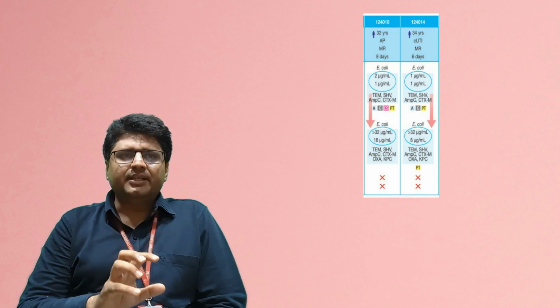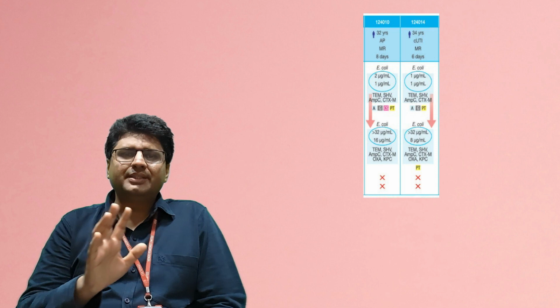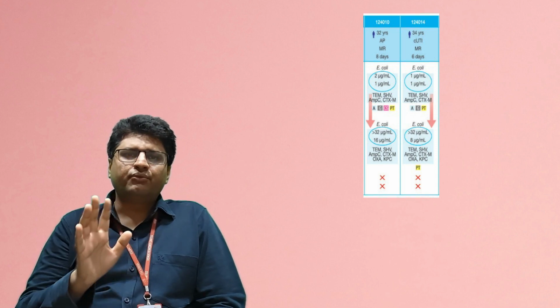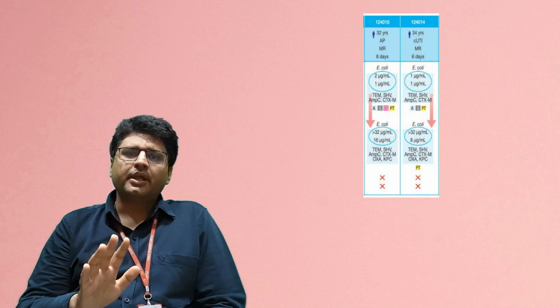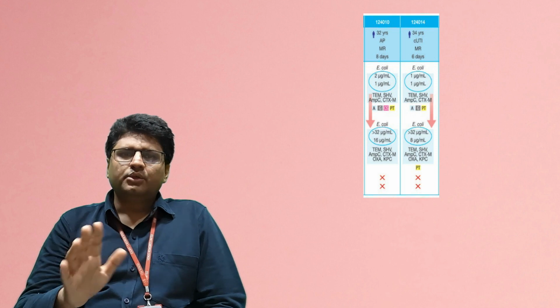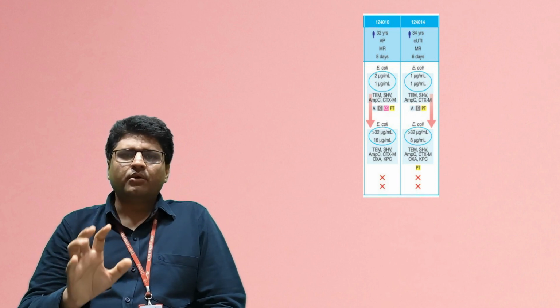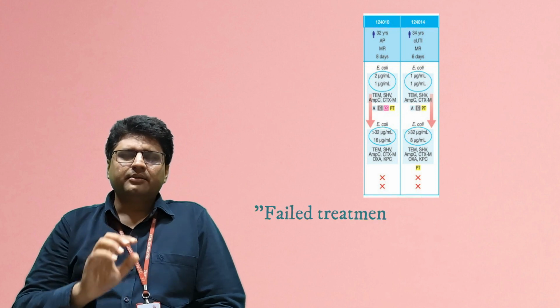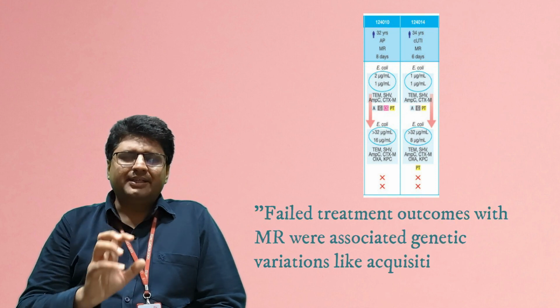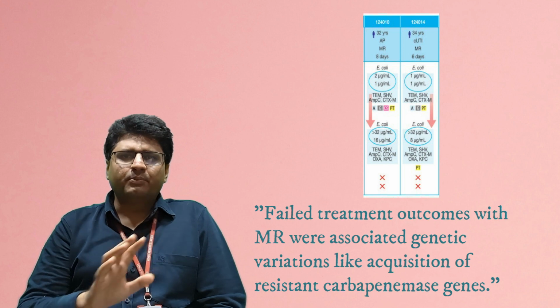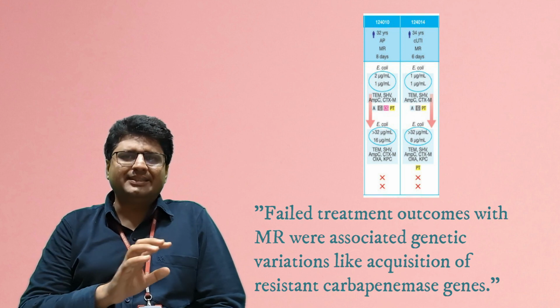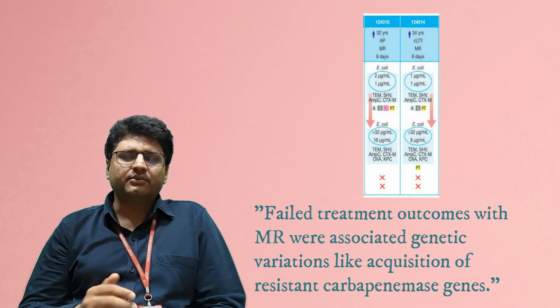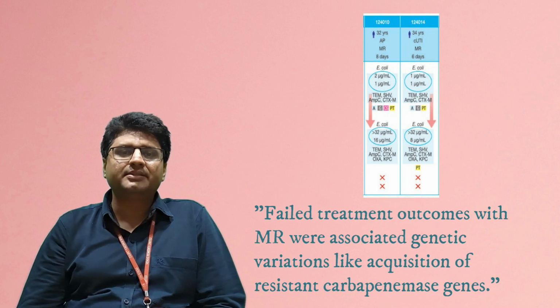Also, the genetic profile, or gene profile, of these patients who failed the meropenem therapy also changed. So this is again an important outcome of this abstract 1984 of the PLEA clinical trial, that the failed treatment outcomes with meropenem were associated with genetic variation like acquisition of resistant carbapenemase genes.